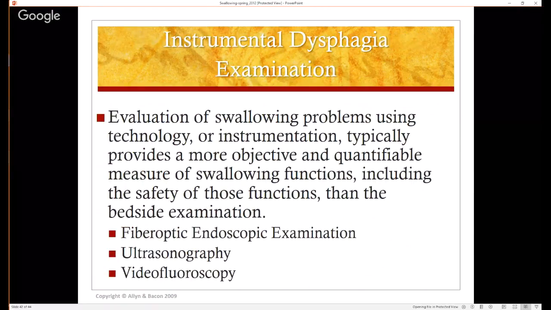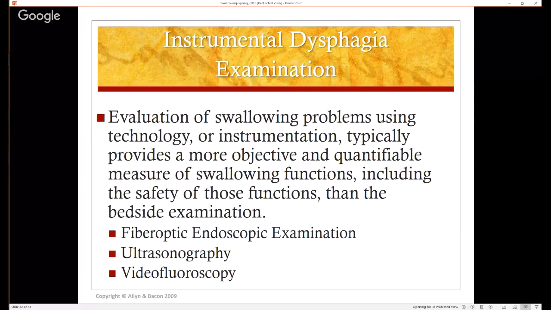An instrumental dysphagia exam will be an evaluation of swallowing problems using technology or instrumentation, typically providing a more objective and quantifiable measure of swallowing functions, including the safety of those functions. It'll be more involved than just the bedside swallow examination.